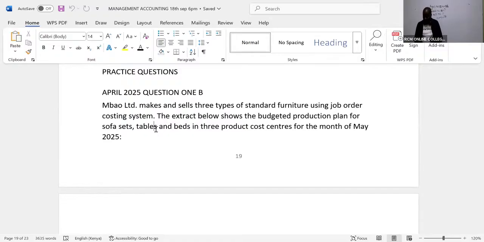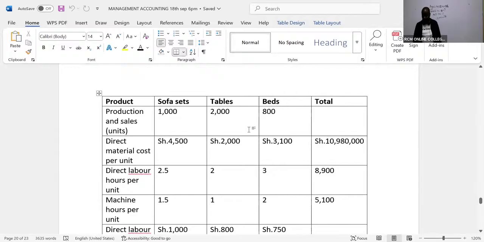So I read it. We are told Mbao Limited makes and sells 3 types of standard furniture using job order costing system. The extract below shows the budgeted production plan for sofa sets, tables, and beds in 3 production cost centers for the month of May 2025.